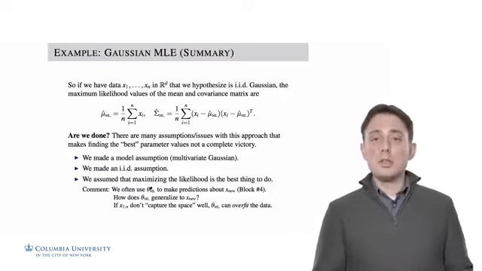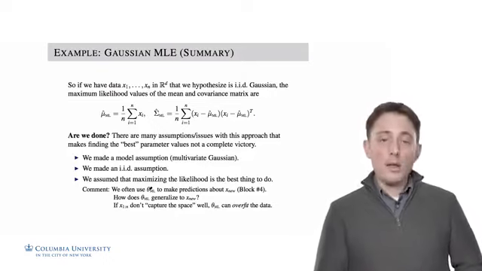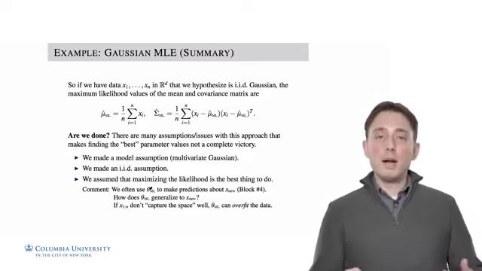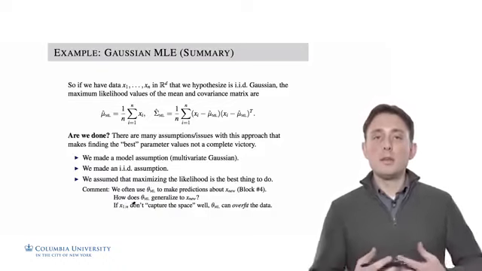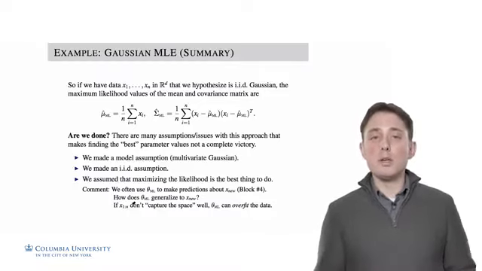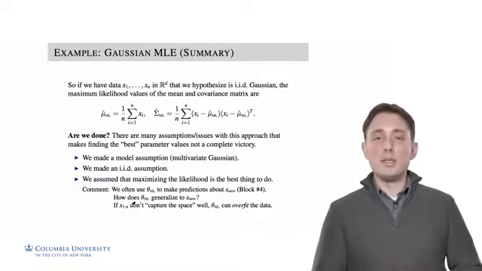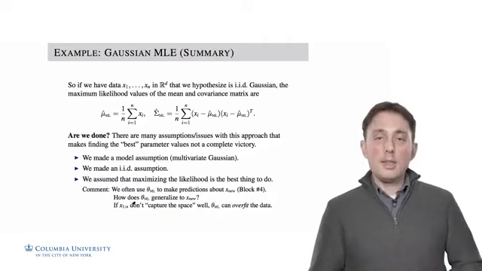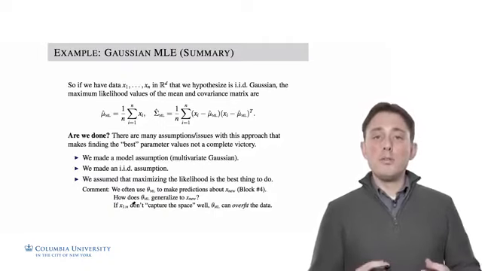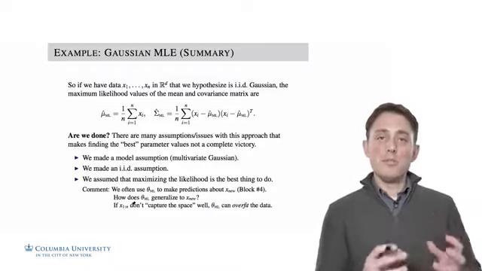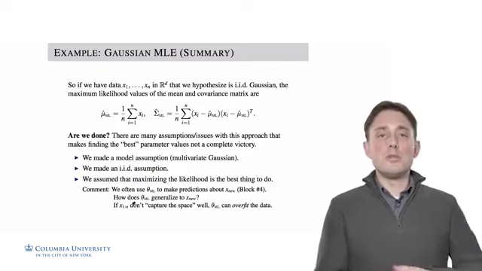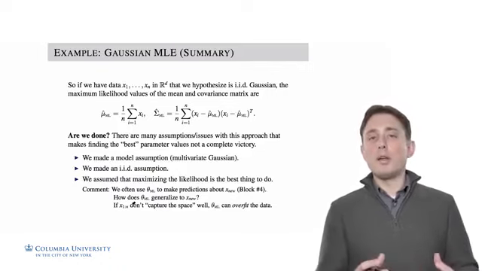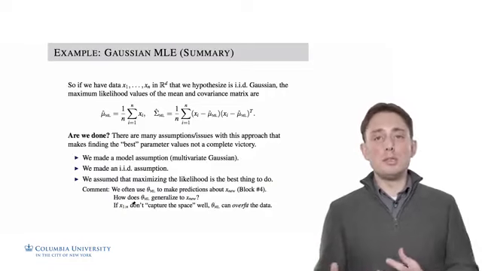And so we'll discuss a little bit in future lectures about this. However, at a high level, if the data that we're modeling, x1 through xn, doesn't somehow represent our space or capture our space well, if it doesn't cover everything that we can expect to see, if there are huge gaps that are missing in our data, then the maximum likelihood solution can overfit. It'll only learn based on what you give it, and it's not going to have any sort of way for accounting for the fact that there might be something new or unseen in the future.